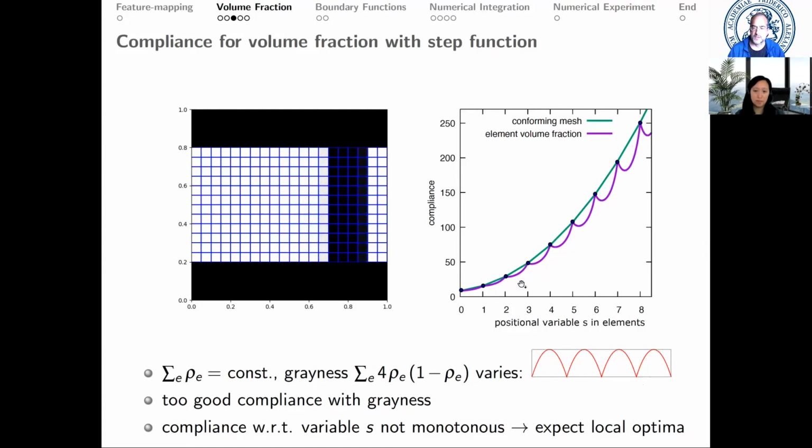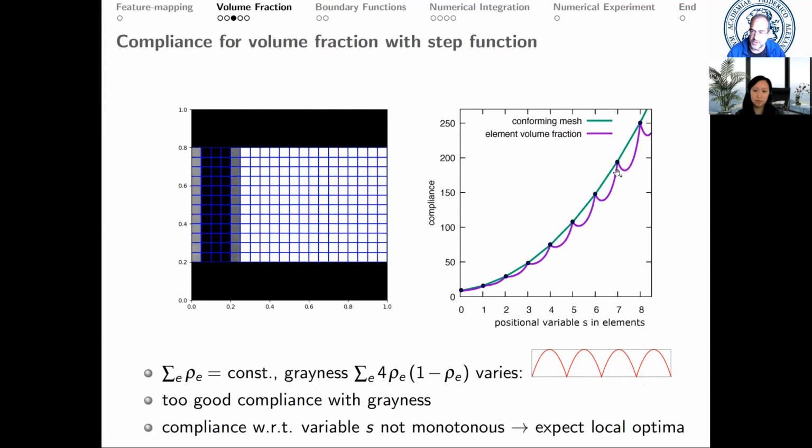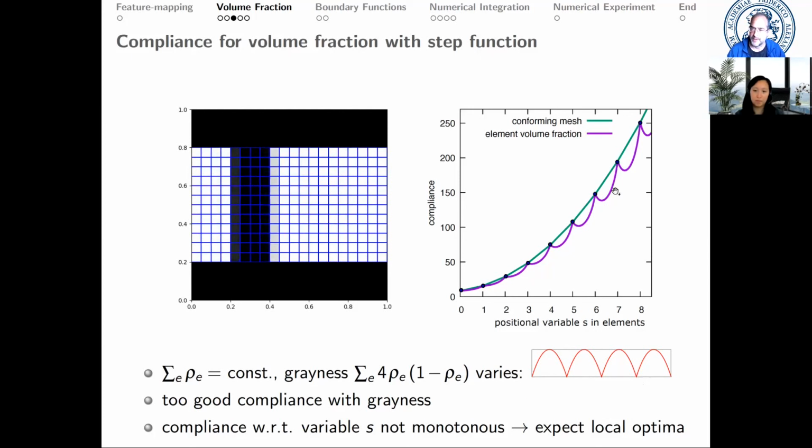And when we observe the compliance we get, we have the best compliance for small s, but we have these spikes in this magenta compliance curve. The peaks we have when we are aligned with the mesh, when we have no grayness. But this is what we would get for conforming mesh.